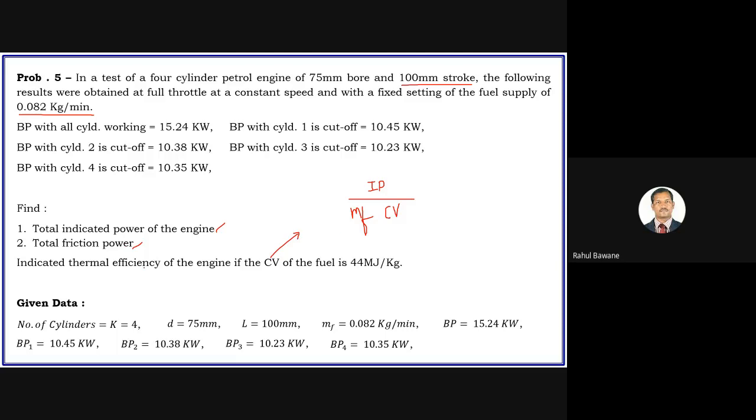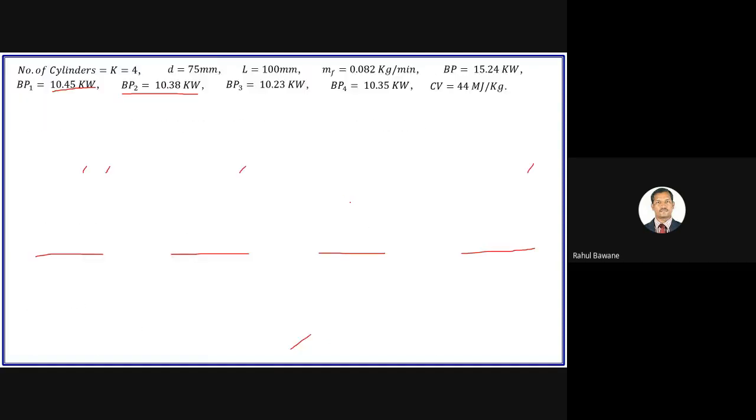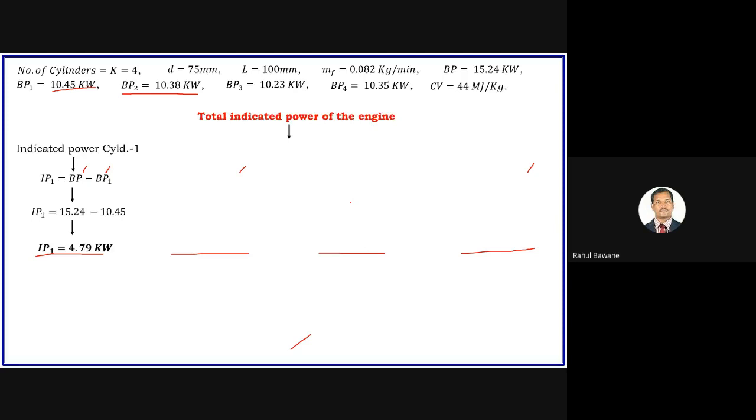MF is the given mass flow rate, 0.082 kg per minute; we have to convert it into kg per second. Calorific value is given as 44 megajoule per kg, so convert it into kilojoule per kg. From this we can calculate the indicated thermal efficiency, which is not attempted in this slide. By mistake I skipped that portion.